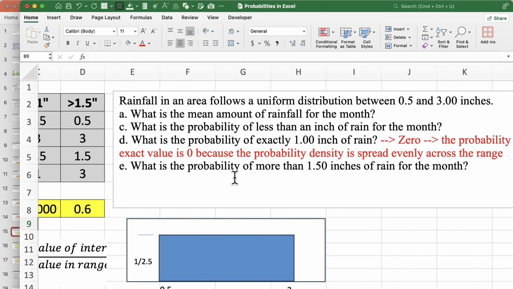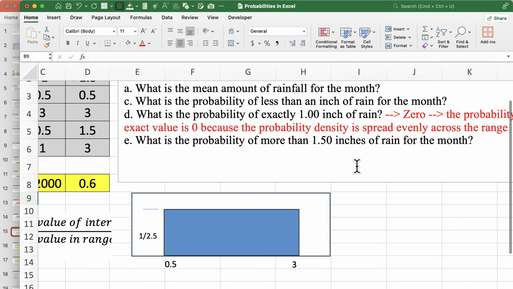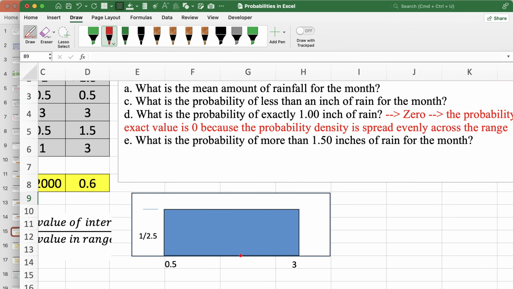And the last question is, what's the probability of more than 1.5 inches of rain for the month? Suppose if I say 1.5 turns out to be here, because it's more than 1.5, so which means we are supposed to calculate this area. So if we could calculate this area, that will be the probability that there will be more than 1.5 inches of rainfall.